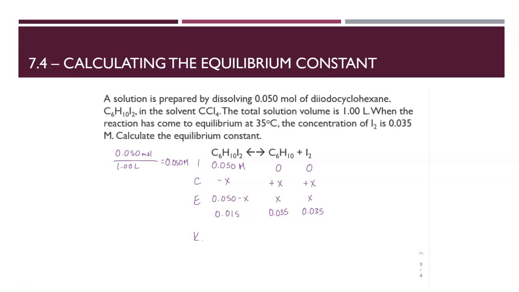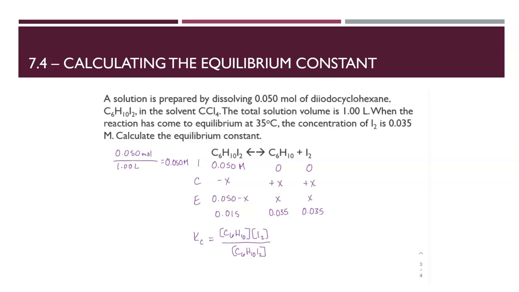Now, if we write our equilibrium constant expression, we're going to do the concentration of our products, so C6H10 and I2, raised to their coefficients. Neither of them have coefficients, so it's just to the 1, divided by the concentration at equilibrium of our reactant. There we go.